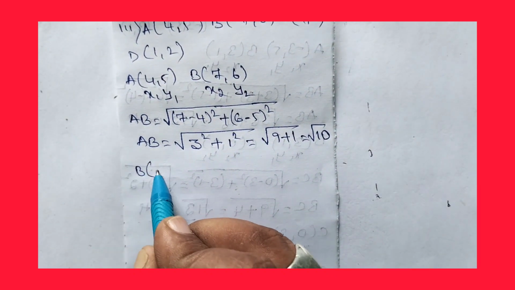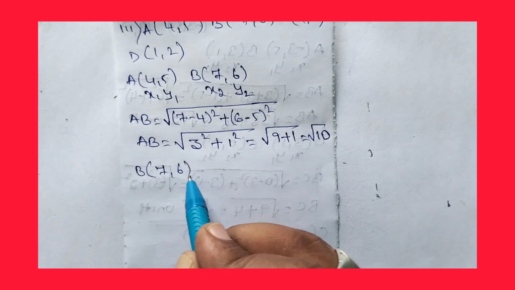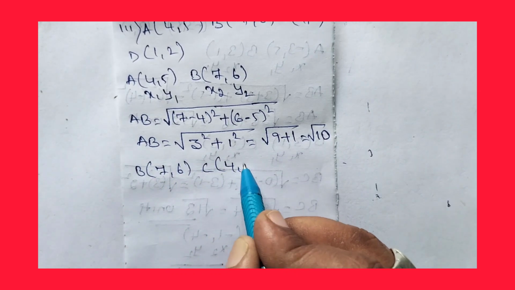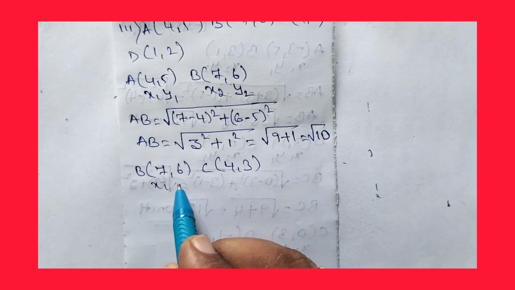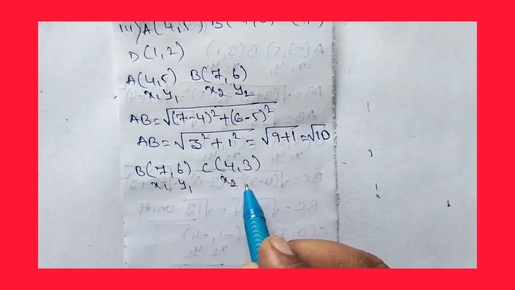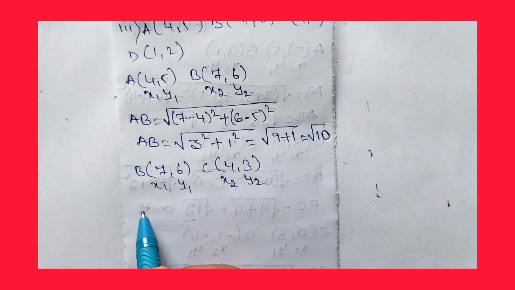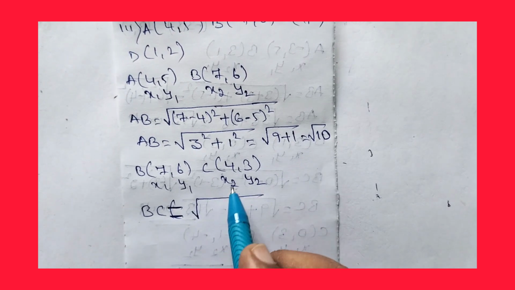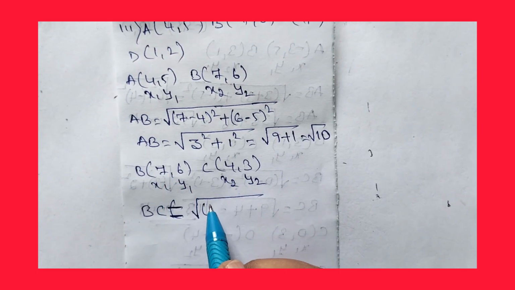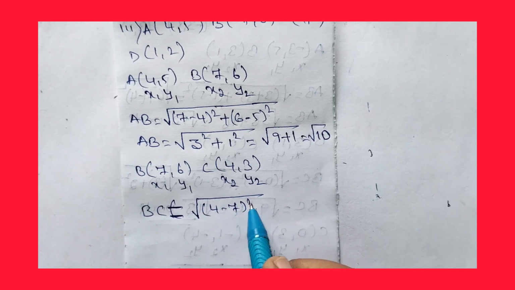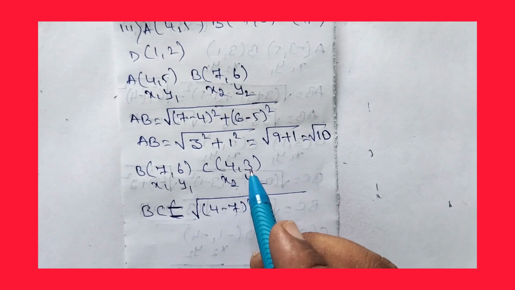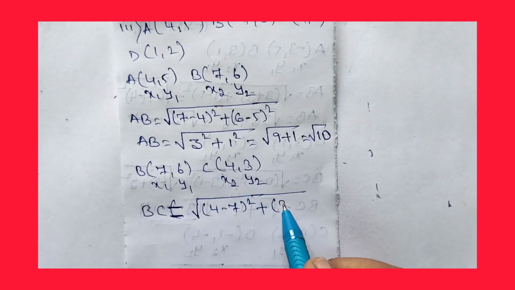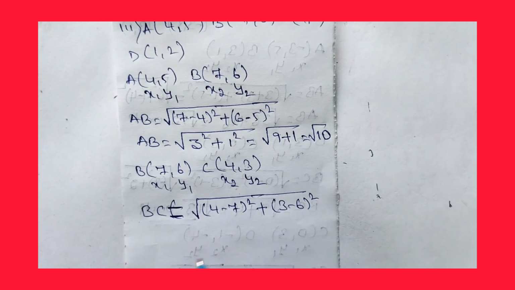Now let us find out BC. B is (7, 6) and C is (4, 3). So x1, y1 and this is x2, y2. So let us find the distance between B and C. So BC is equal to square root of (x2 minus x1), (4 minus 7) whole square, plus (y2 minus y1), (3 minus 6) whole square.